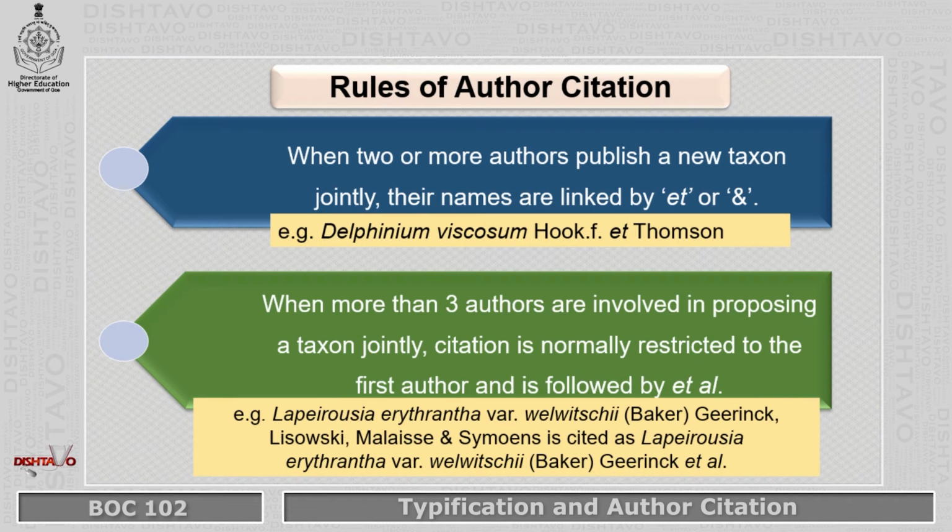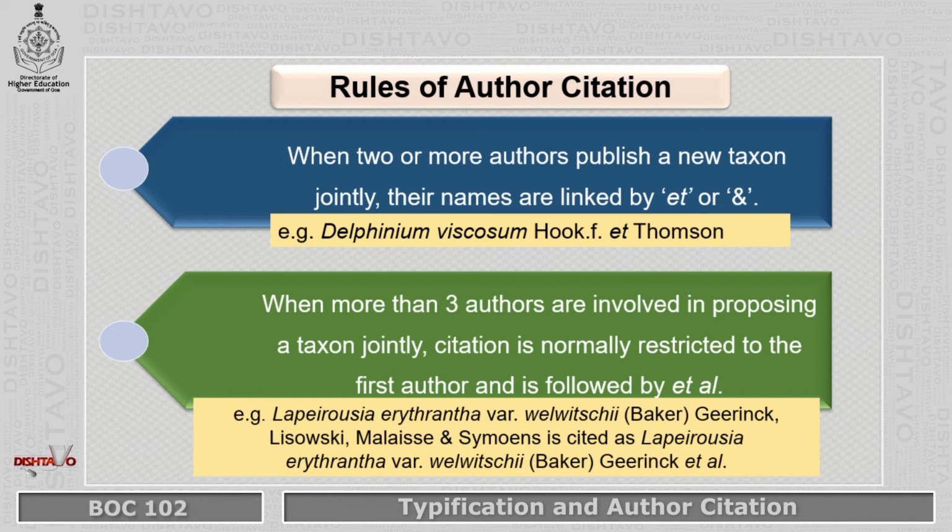Now let us look at the rules of author citation. When two or more authors publish a new taxon jointly, their names are linked by et or and. As you can see here, Delphinium viscosum was published by Hooker f. and Thomson. So you can write it as Hook.f. et Thomson or Hook.f. and Thomson.